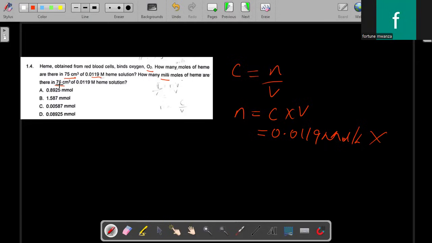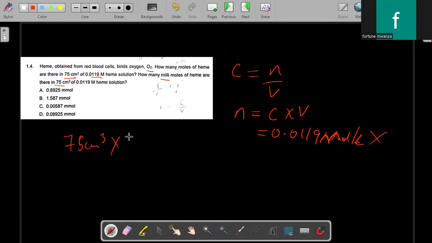So what I need to do is to convert this cubic centimeter to liters, so that I have uniform units there. So I have liters here, so I also need to have liters there. For me to convert my cubic centimeter to liters, I'll use my conversion factor. I know that I have 75 cubic centimeter there. I multiply with the unit conversion factor.